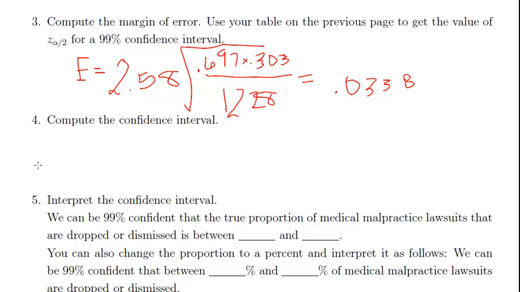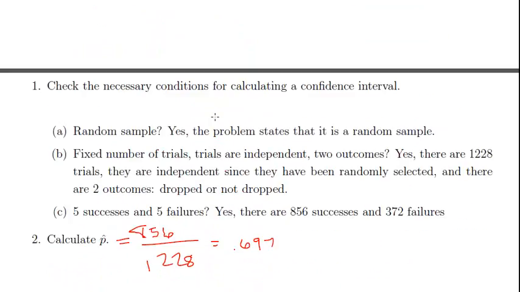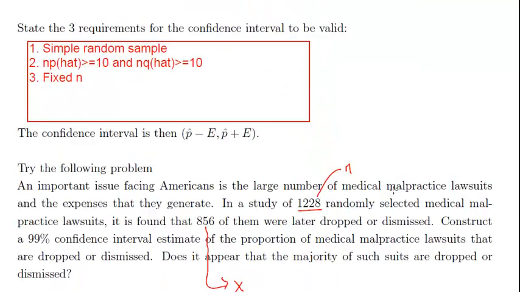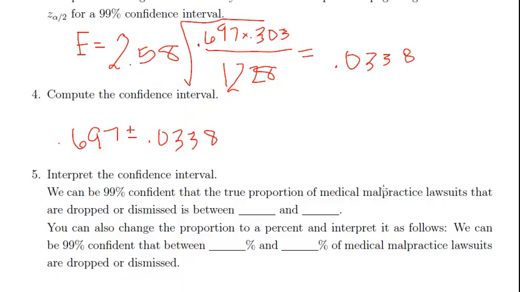To compute the confidence interval, I just take my p hat, so 0.697, plus or minus my margin of error, so 0.0338. Okay, because I'm just using this formula right here, p hat plus or minus the margin of error.